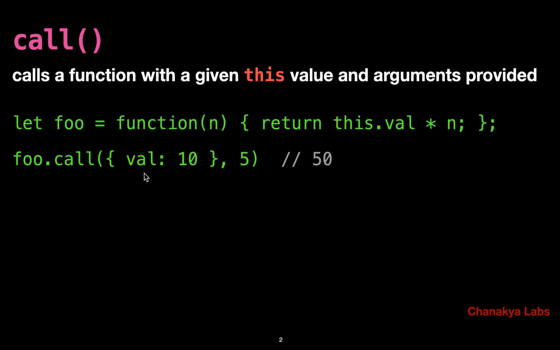So in this case we can see that my this is the object with val 10, and 5 is one of the arguments, and we just need one argument. From the second argument onward, whatever things are passed, they will be passed to the function. The first one is this. So this dot val will be 10, here it will be 5. So 10 into 5, 50 is the answer, and it directly returns the answer, right?